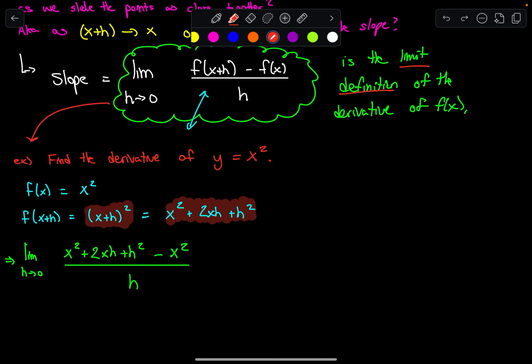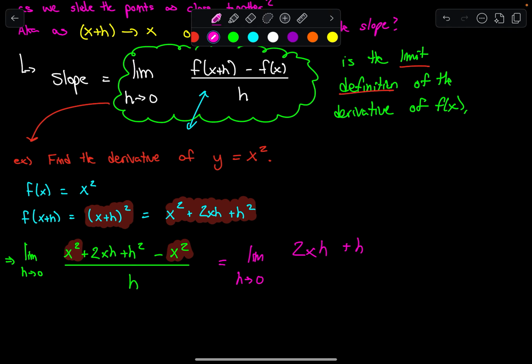And so one of the ideas is that instead of leaving this term as x plus h squared, if we multiply it out, if we FOIL it out, you're going to notice that the first x squared and the second x squared cancel out. And when they cancel out, they're going to let us evaluate this derivative, or rather this limit, I guess.